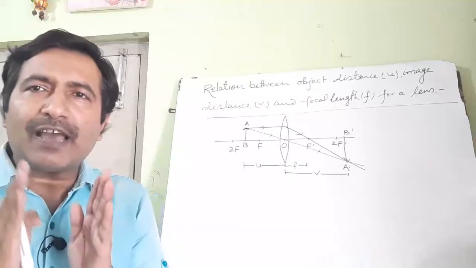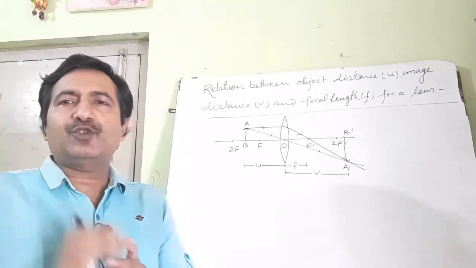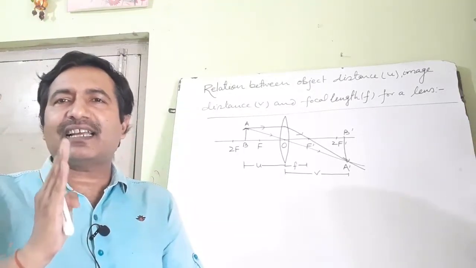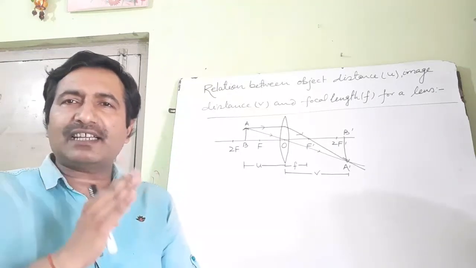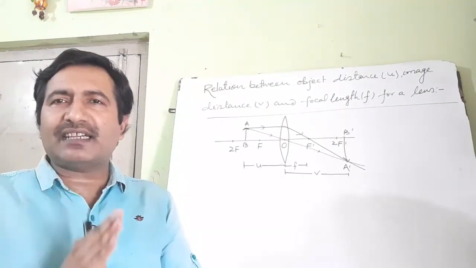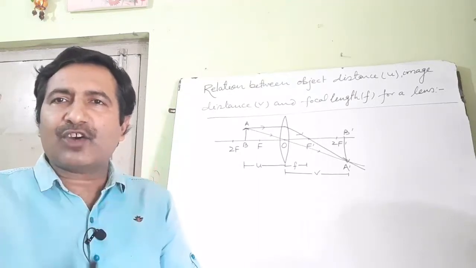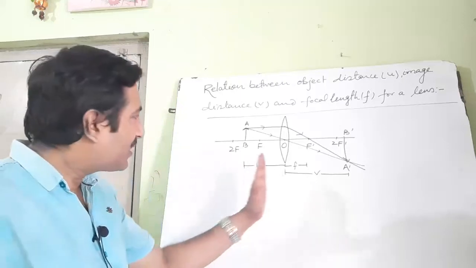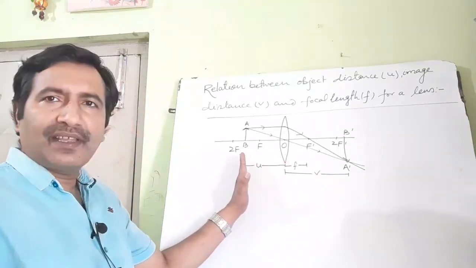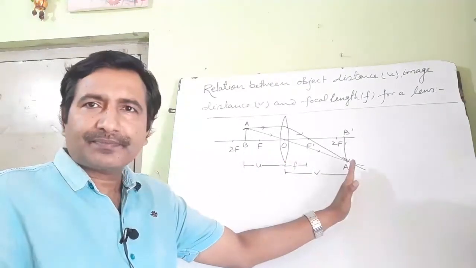Hence, if you have positive focal length, you must understand that the lens is a convex lens, and if you have a negative focal length, that lens is a concave lens. Got it? So here f is positive. You see u is negative and v is positive.